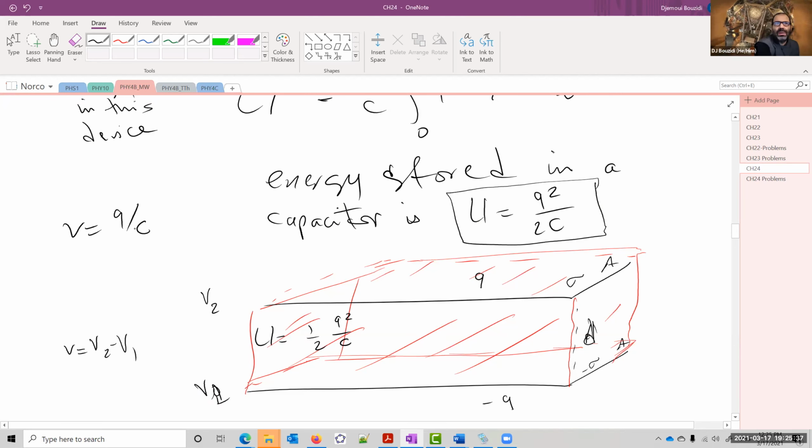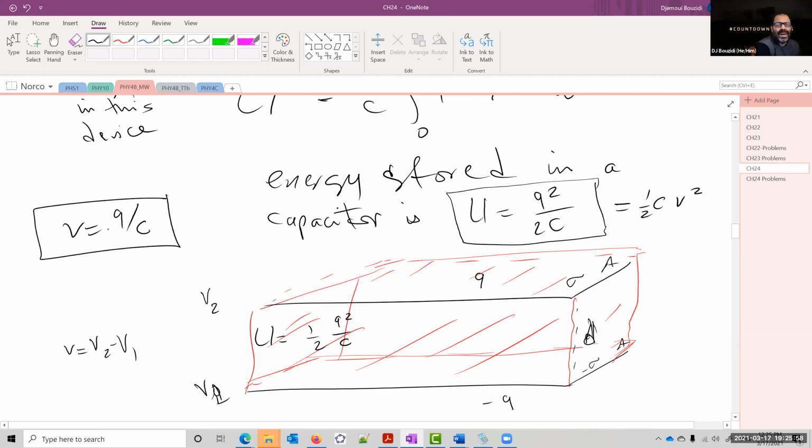So when you square Q, it's going to be C squared V squared, and the C squared in the numerator cancels one C. So you can write it as 1/2 C V squared. You can write it in terms of the charge, or in terms of the potential. When you write it in charge, you divide by C. When you write it in terms of the potential, you multiply by C. This is because of how we defined the capacitance.